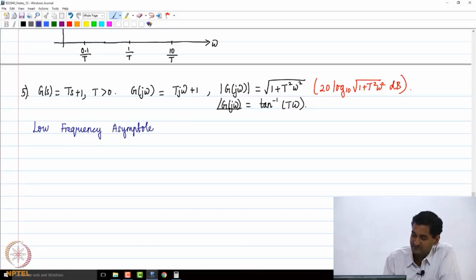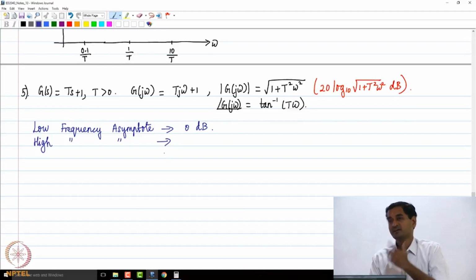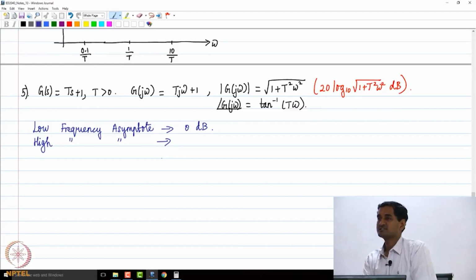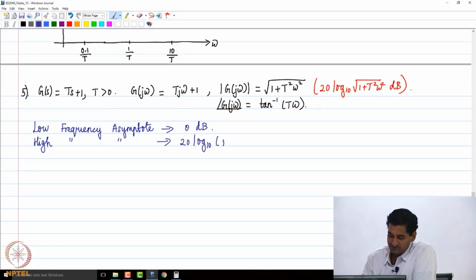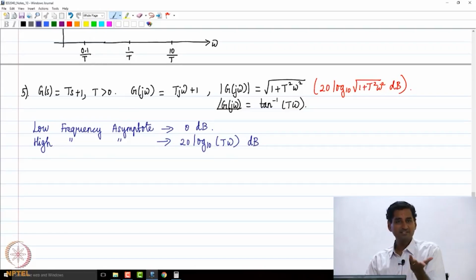It is going to be the 0 decibel line, when omega is lower than 1 by capital T, it is going to tend to 0 decibel. What is the high frequency asymptote? As T omega becomes much larger than 1, it is going to be 20 log of T omega. See, what was minus 20 now became plus 20, same concept.